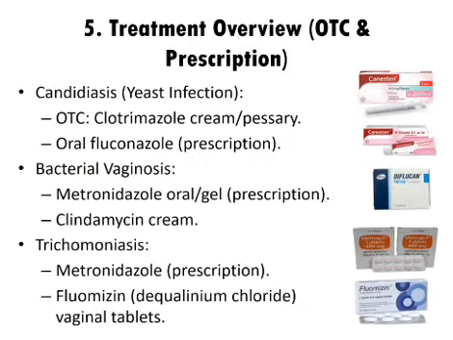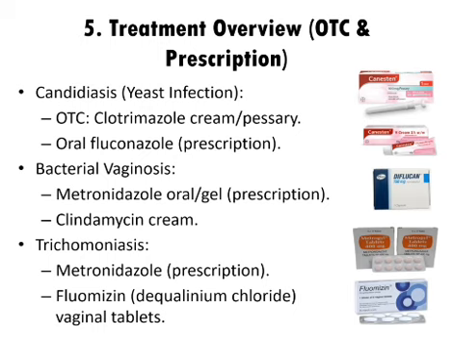We are going to discuss about the treatment overview, which includes OTC options and some other medications that require prescriptions. For candidiasis, OTC option will be clotrimazole cream or pessary. Oral antifungal will be fluconazole, which requires prescription.